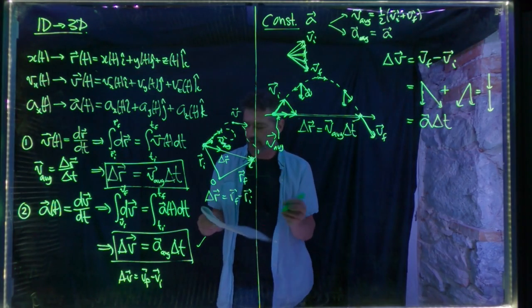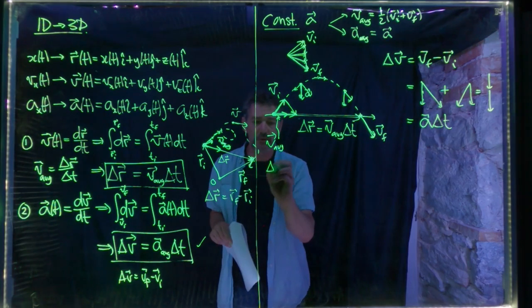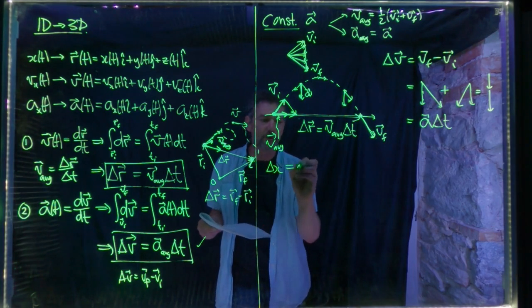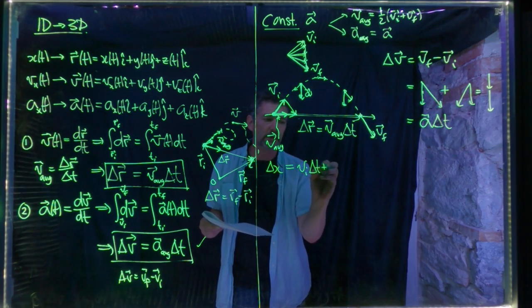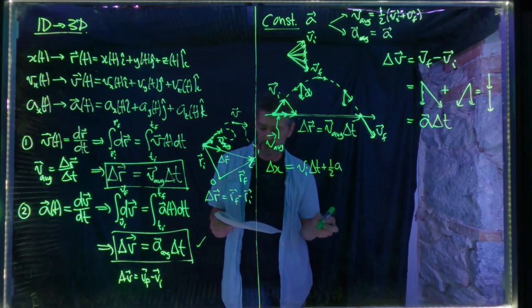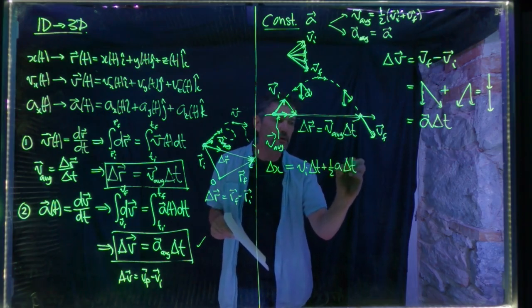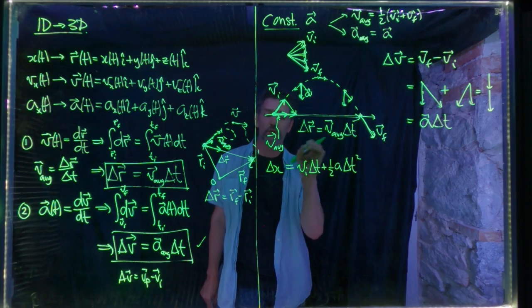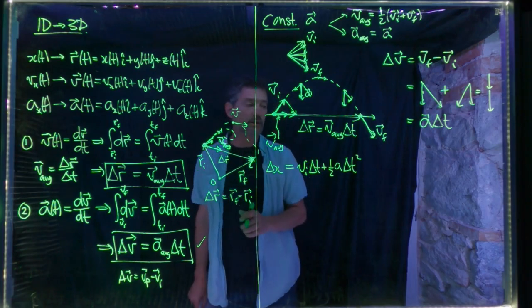So let's start with this kinematical formula. Okay, so delta x is equal to vx initial delta t plus 1/2 constant acceleration in the x direction times delta t squared. And now we wonder, how could we generalize this formula to a three-dimensional formula, a full vector formula?